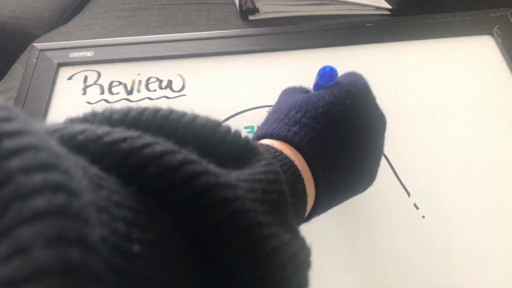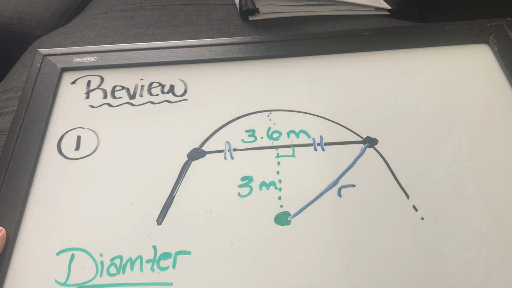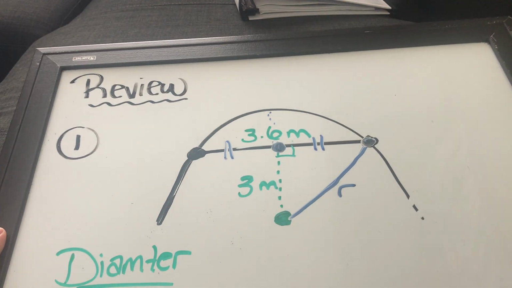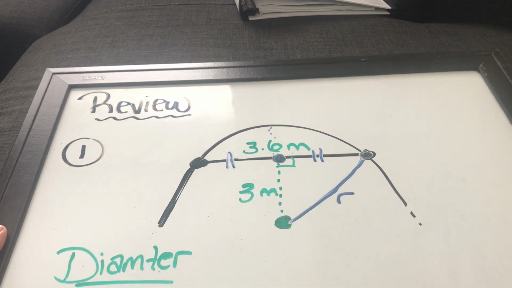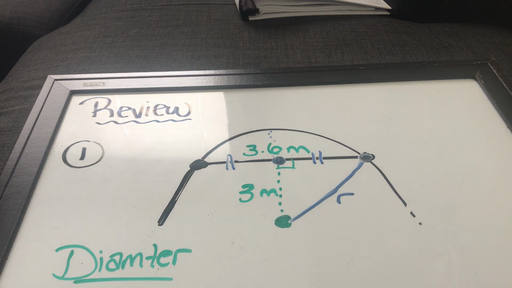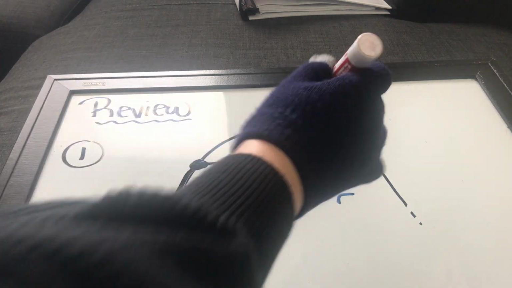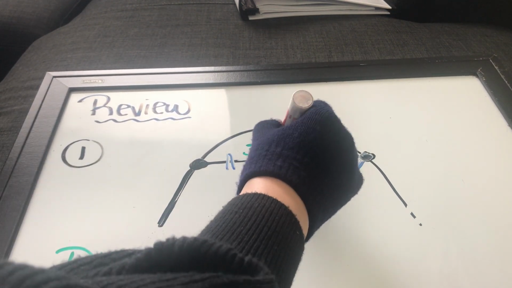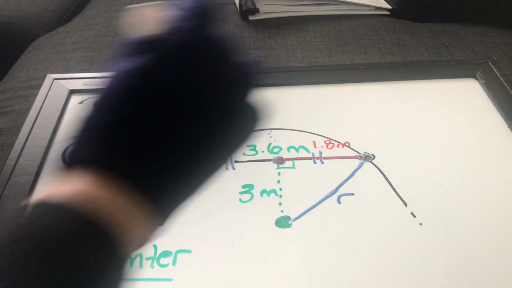So this side is equal to this side. So if it bisects it, then from here to here, it's going to be 1.8, I believe. Yeah, 1.8 meters. So I'm just going to grab a different color marker. So this is 1.8 meters from here to here.